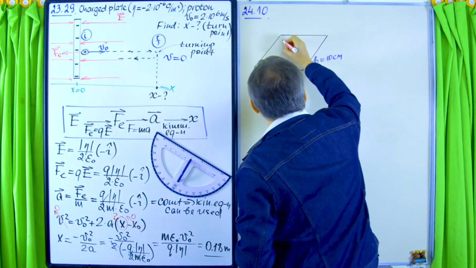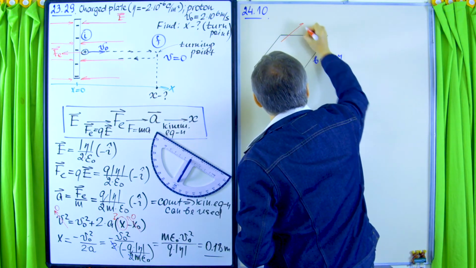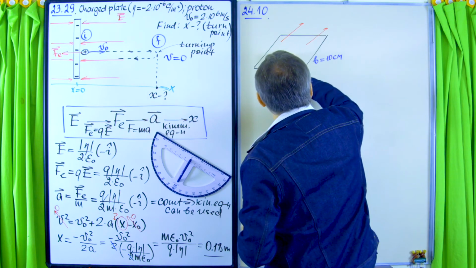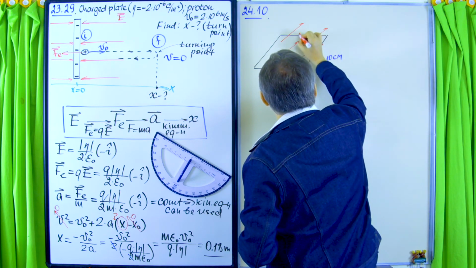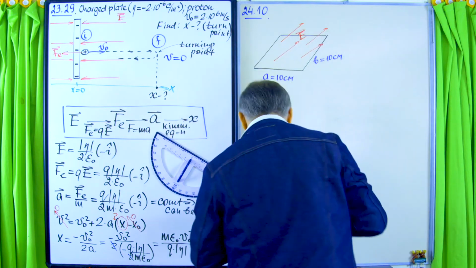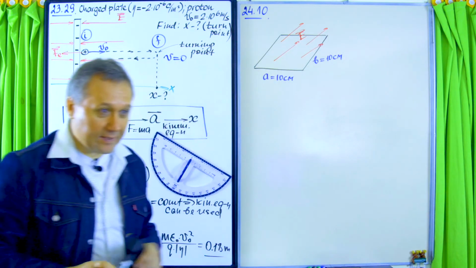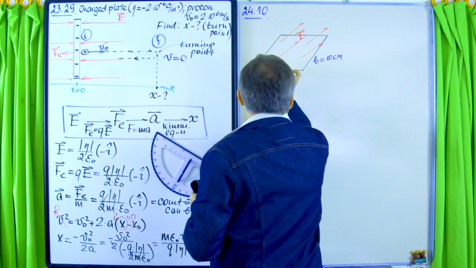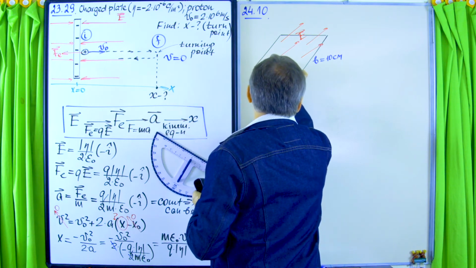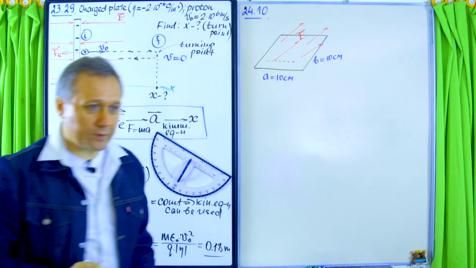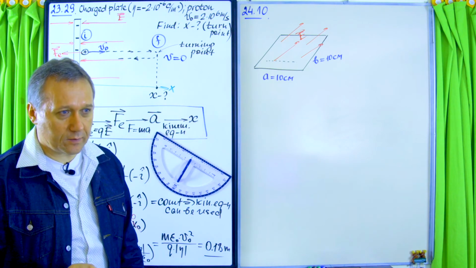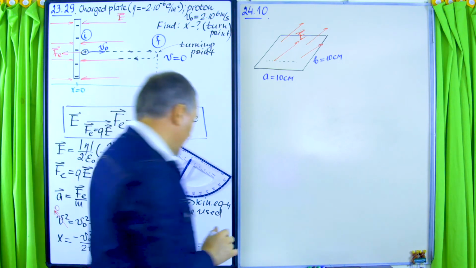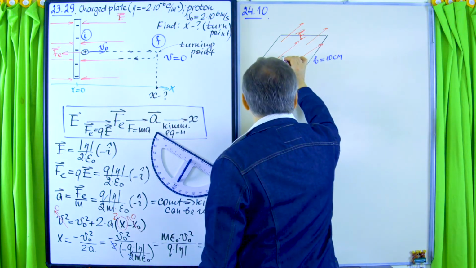Let me draw it like this. So that's our E. And one of the angles is given. Let me draw this line which lies in the plane of this surface. And the angle is 30 degrees.